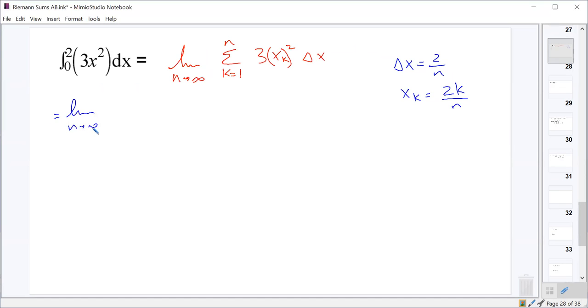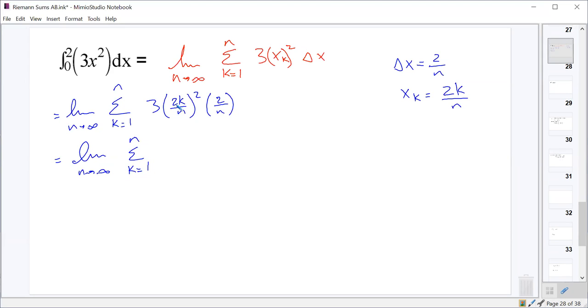The limit as n approaches infinity of the sum from k equals 1 to n of 3 times x sub k squared, so 3 times 2k over n squared, times delta x, which is 2 over n. And then combine everything in the summation together. 2k over n squared ought to be 4k squared over n squared.